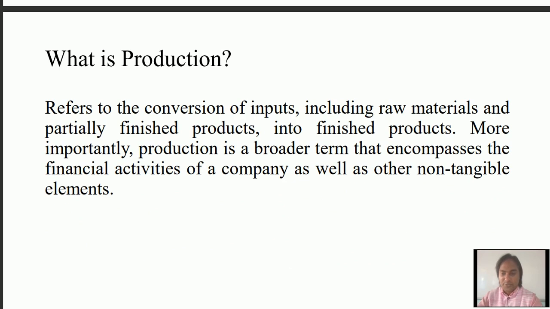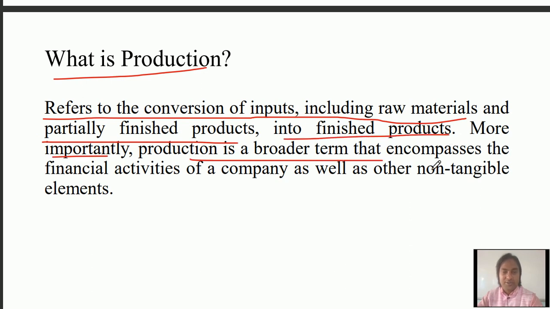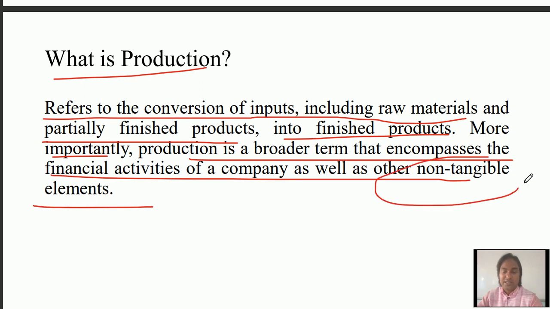Then what is production? When we talk about production, it involves manufacturing plus economics. It refers to the conversion of inputs including raw materials, obviously, and partially finished product into finished products. More importantly, production is the broader term that encompasses the financial activity of the company as well as other non-tangible elements. Here, what are the non-tangible elements?